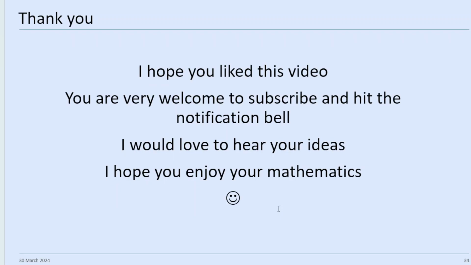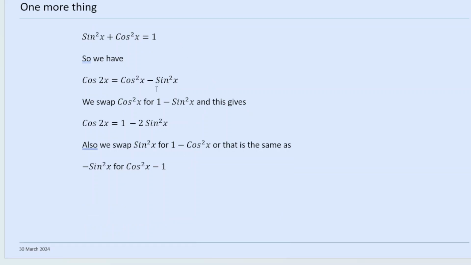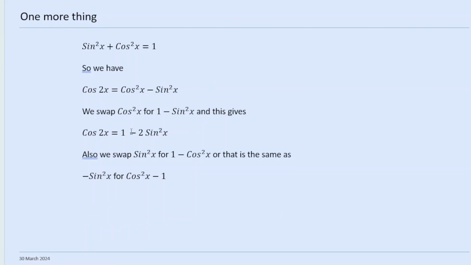So the point we're making here is there are 3 ways of expressing cos 2x. It's cos squared x minus sine squared x here. It's 1 minus 2 sine squared x here. And it's also 2 cos squared x minus 1 here. So there are 3 different ways of writing it.